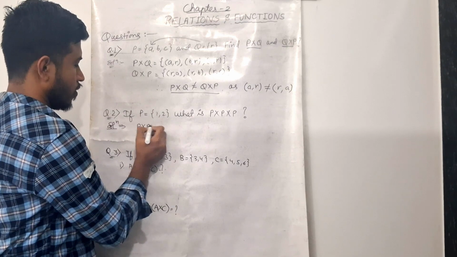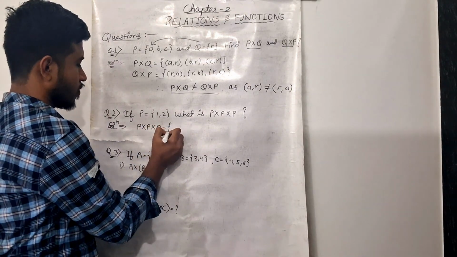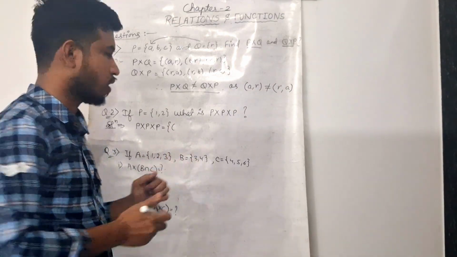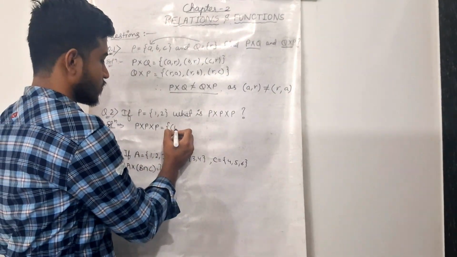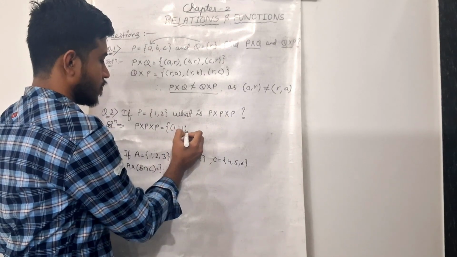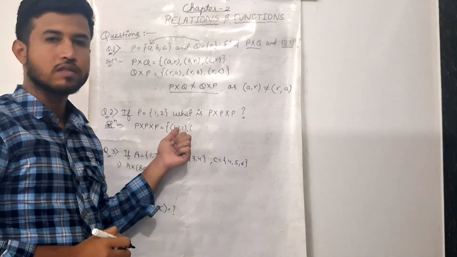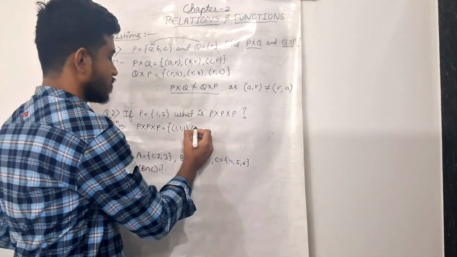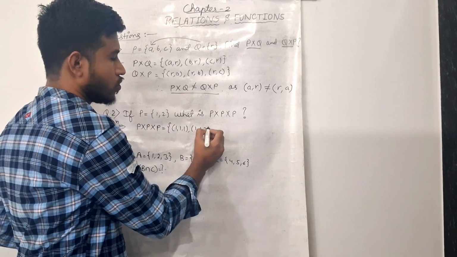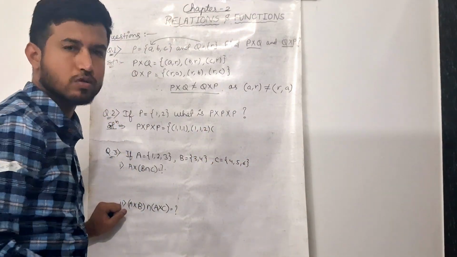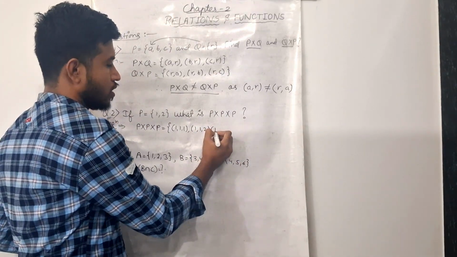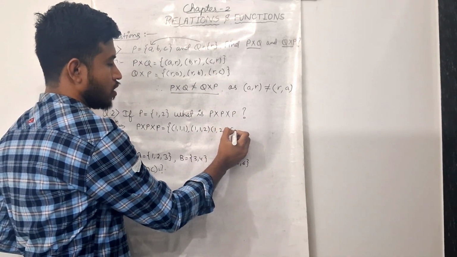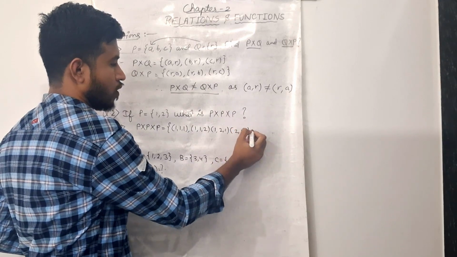We need an ordered triplet now, right? This is an ordered triplet. What are the elements in P cross P, cross 2? (1, 2, 1), (2, 1, 1).